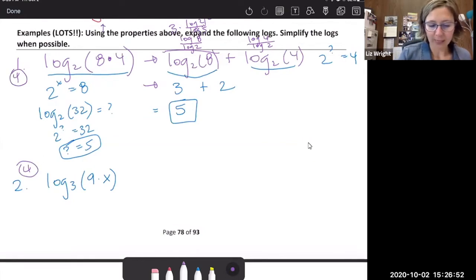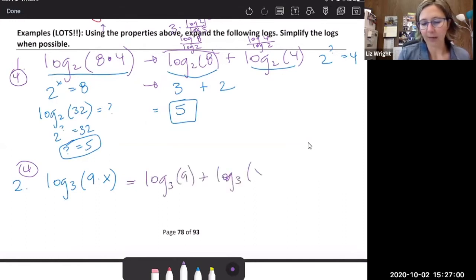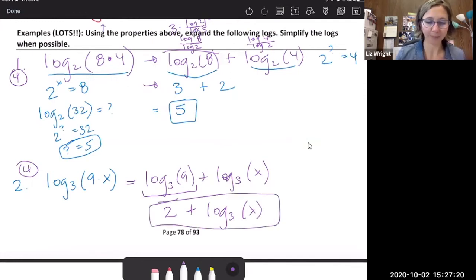We're going to split it up and say log base 3 of 9 plus log base 3 of x. So you're asking yourself, 3 to what power gives me 9? And the answer to that is 2, plus log base 3 of x. Can I do anything with the log base 3 of x? No, I can't. So it's going to stay right there.